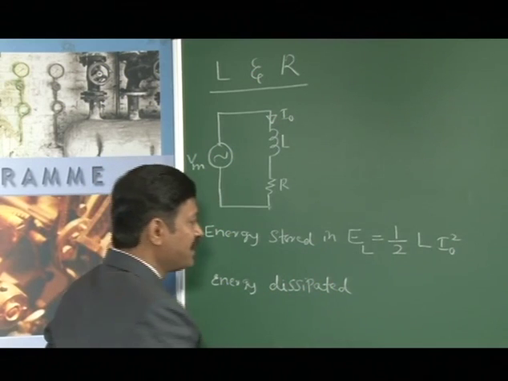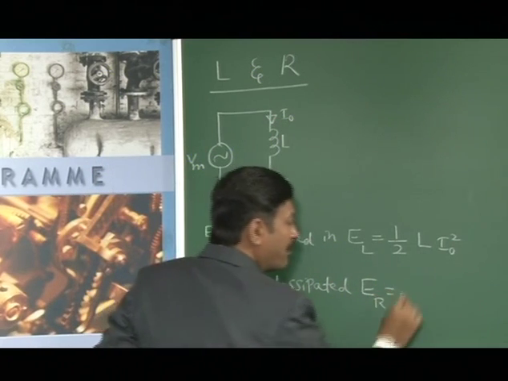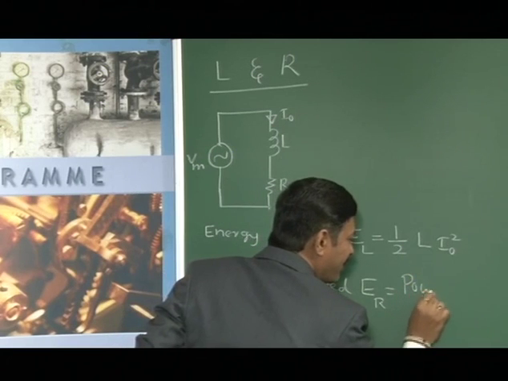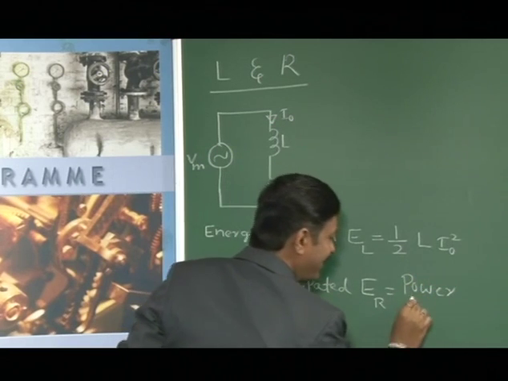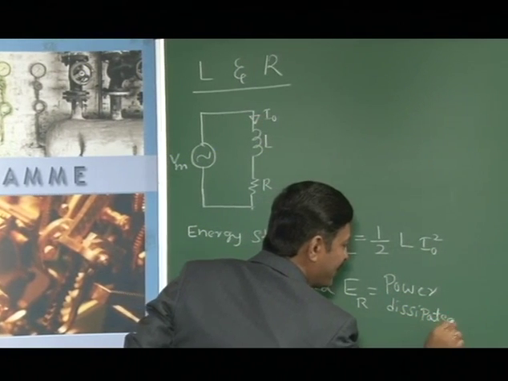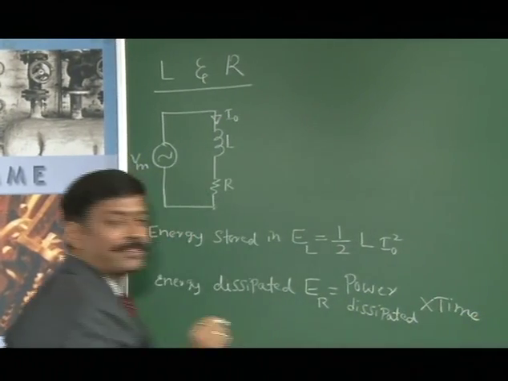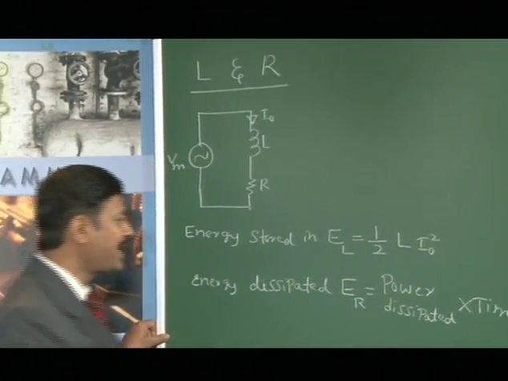Energy dissipated can be written as ER, that is equal to power dissipated into time.